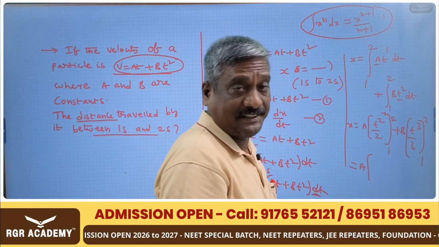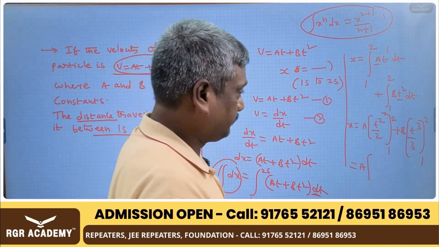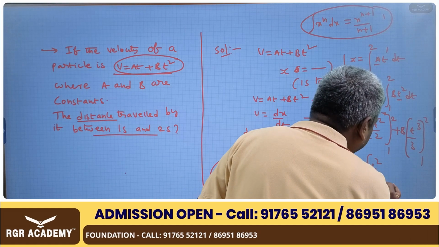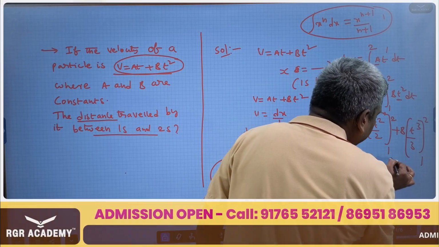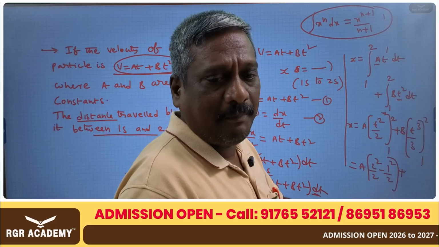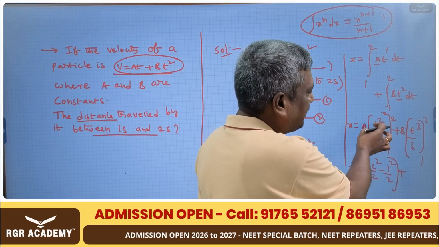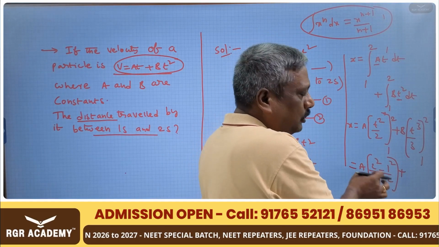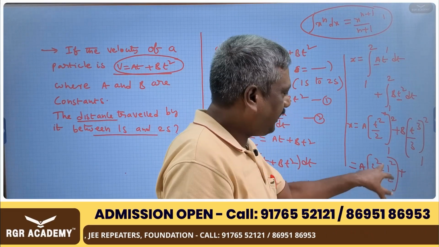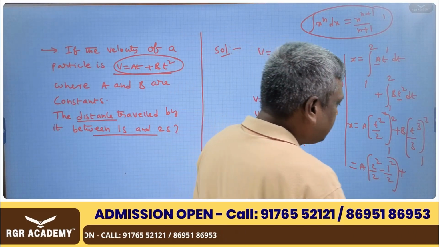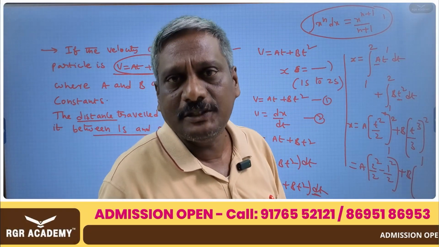Here t is the variable. t can be replaced by 2 first, that is 2 square by 2, minus t replaced by 1, that is 1 square by 2. Plus b into, here also substitute upper limit minus lower limit.